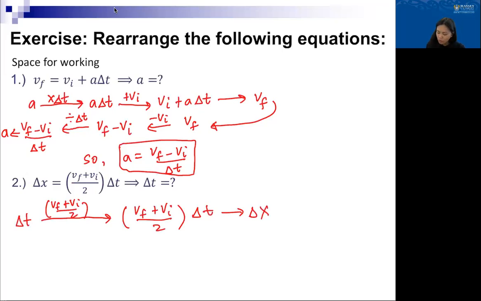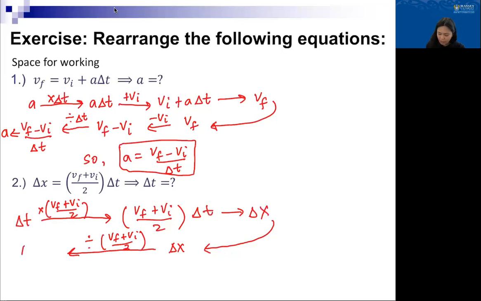So that when you do the reverse operation, starting from delta x, there's only one thing you need to undo, because to build up the equation, you only had to multiply with the whole bracket VF plus VI over 2. So there's only one operation you need to undo. So that's dividing with VF plus VI over 2.